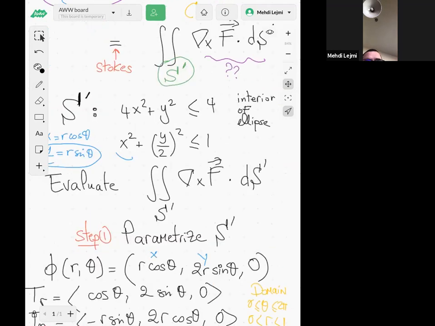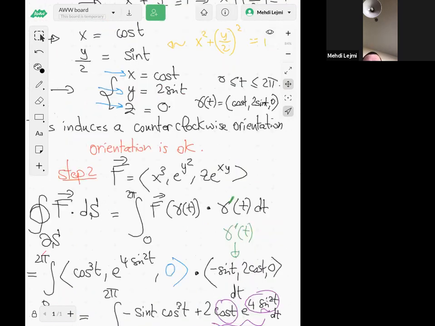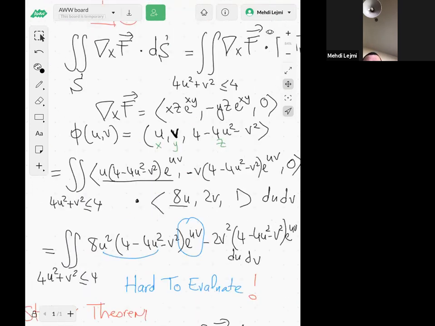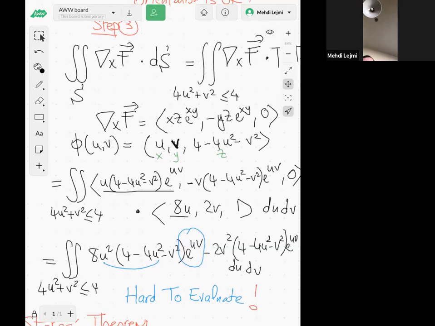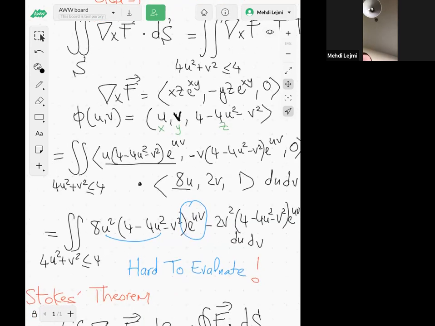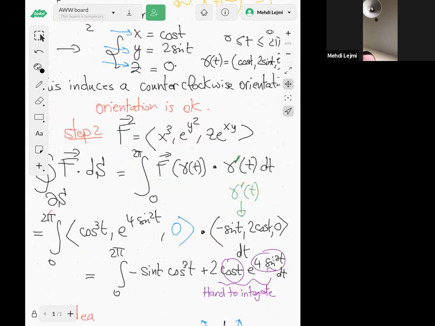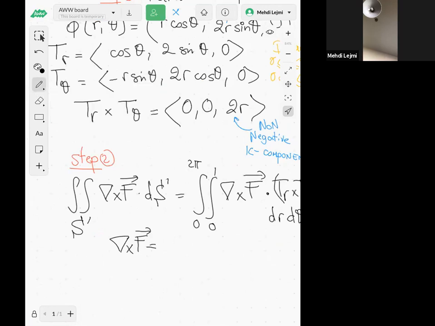Let's come back and look. The curl of F was somewhere right here: xz e to the xy minus yz, so the curl of F was xz e to the xy, minus yz e to the xy, and then 0.